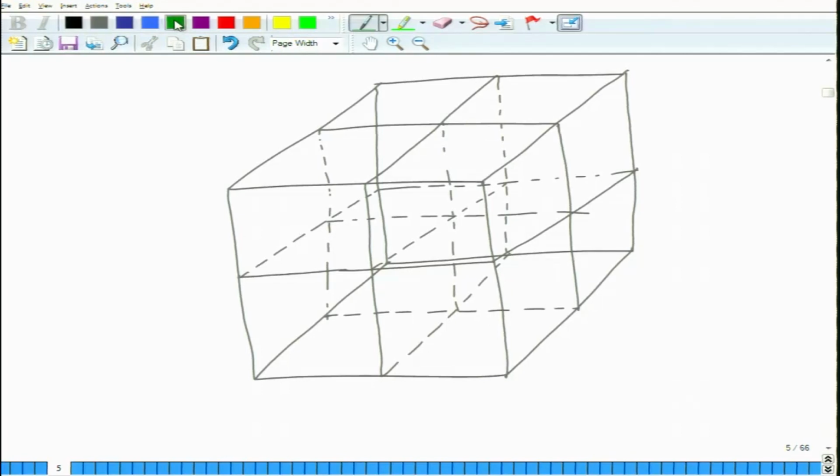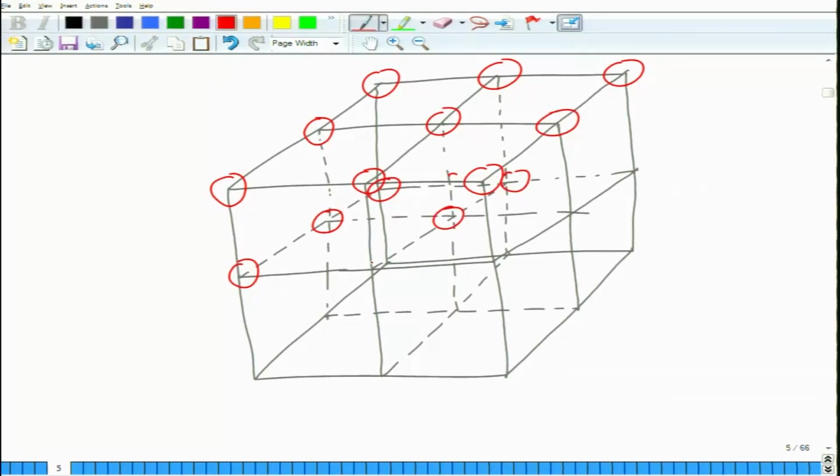Now we draw this in 3D. So, my fluorine was the red one, these are fluorines, these are again fluorines, and these are fluorine again.